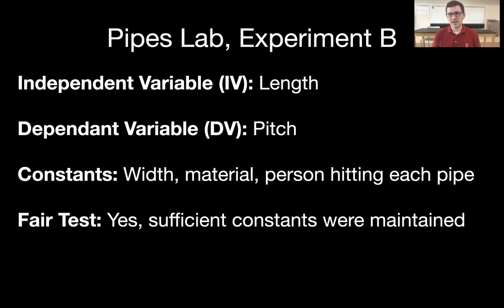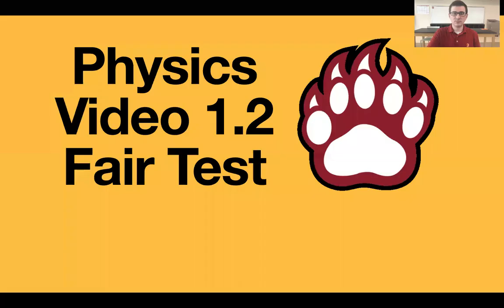So doing fair tests allows the results of your experiments to actually be believable and not be called into question. So that's the importance of fair tests. Without fair tests, we can't really make claims based on our experiments because too many things are changing for us to be sure of the reason that caused the change.